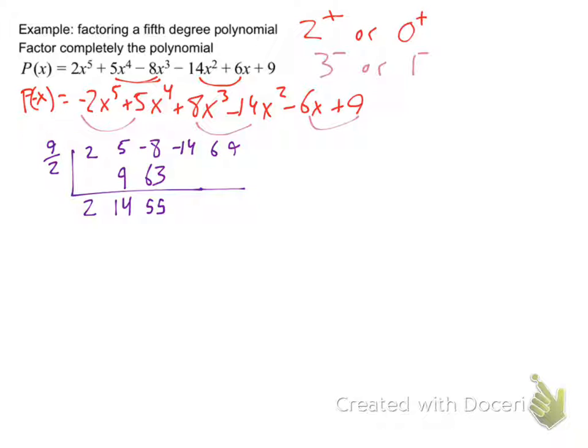Now this one's going to be not so fun. I forgot to make my list. We'll make our list right after this. What's 4.5 times 55? It's 247.5.